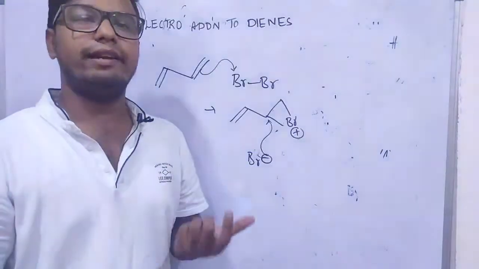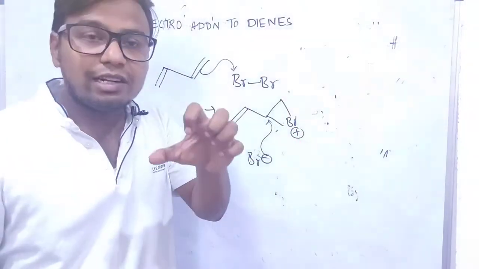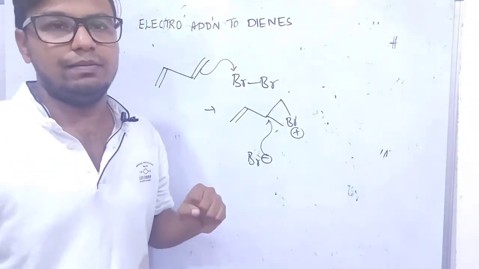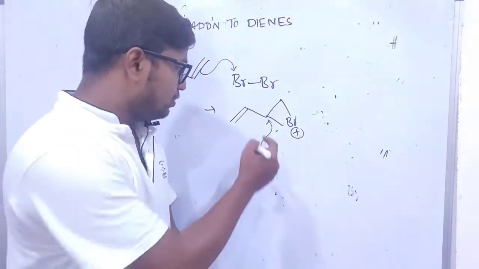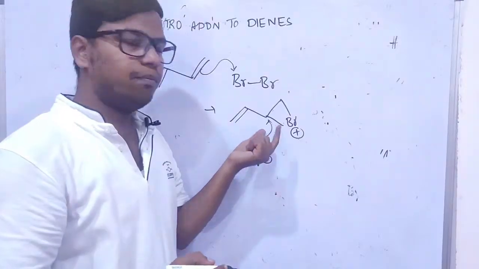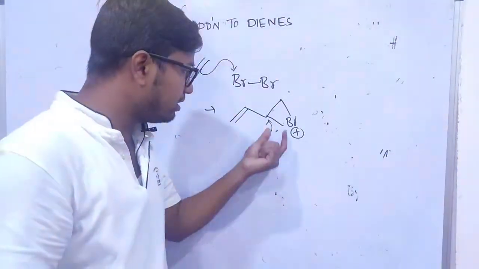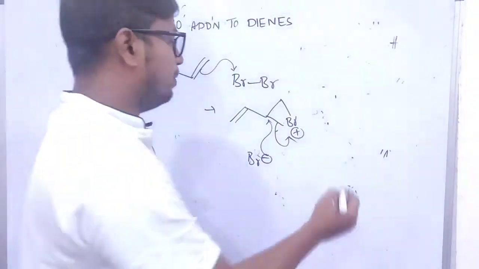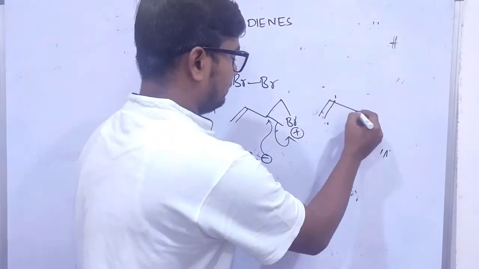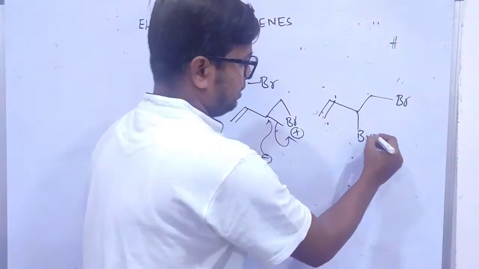It requires more electrons. It draws more electron density towards itself. The electron withdrawing capacity increases here. So this is making the particular carbon electrophilic in nature. So this Br minus is going to attack here and the ring is opened in this way. The resulting product would be bromine attached here and another bromine here.